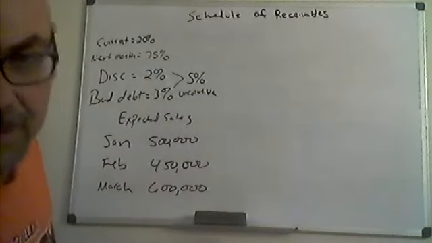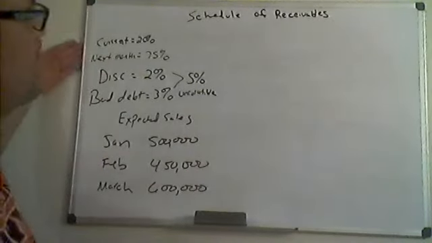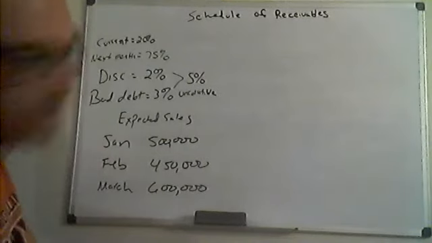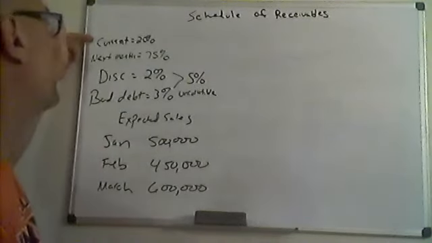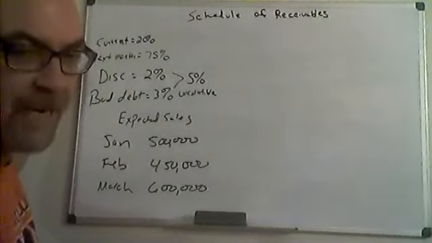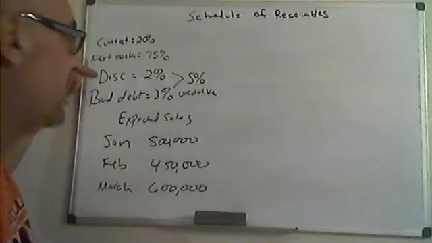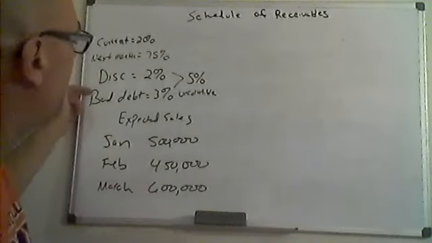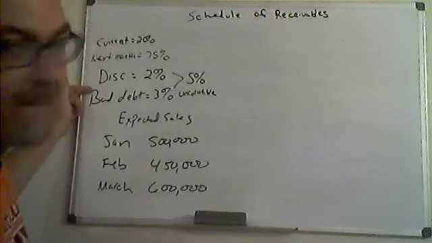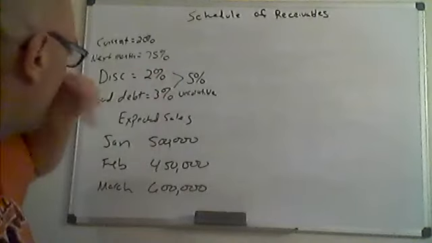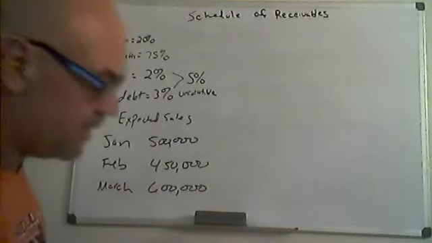All this information is coming from our slides, but here's what we know. When we make sales on receivables, we collect 20% of the money the first month and 75% the following month. We give a discount of 2%, so we're not going to collect at least 2% of it. We write off 3% as bad debt for a total of 5% that's uncollectible, and these are our expected sales.